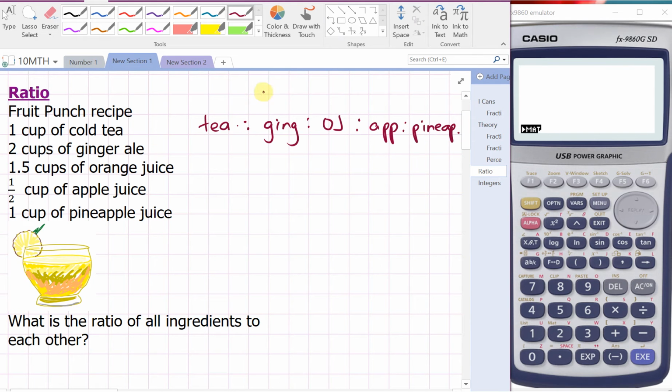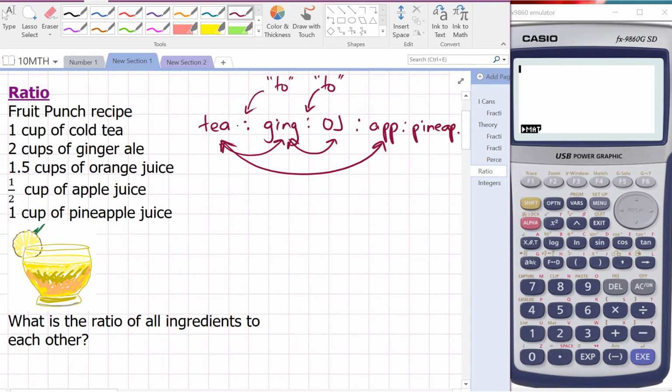So if you look at these symbols here, when we say that symbol, we actually say the word to. But we use the colon to indicate that we are comparing these quantities to one another. Okay, so we're comparing each ingredient to one another.